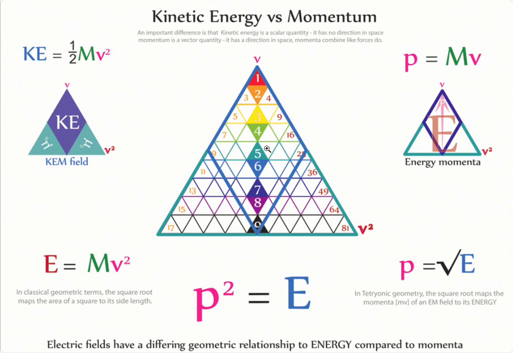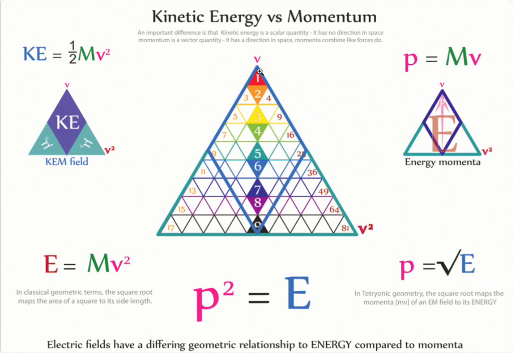And again, whereas we've now described kinetic energies, which is what KE always stands for in Tetryonics now, as half mv squared, be it electric or magnetic, you just simply specify which you're referring to. The linear momentum of any system is the result of the square root of the total energy within the scalar field. Again, it's the geometry of the energy field that allows only square numbers to be included per energy level.